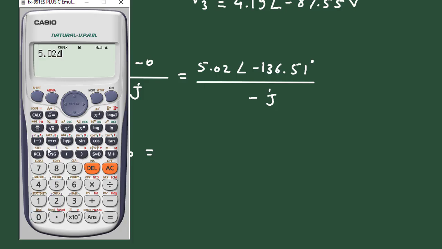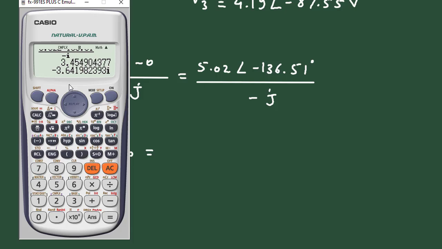So if we simplify this, we get the value of IO: 5.02 at an angle minus 136.51 divided by minus j.